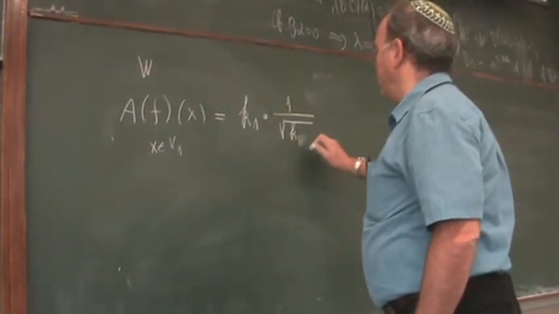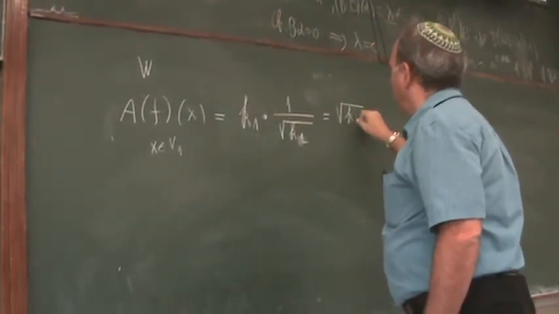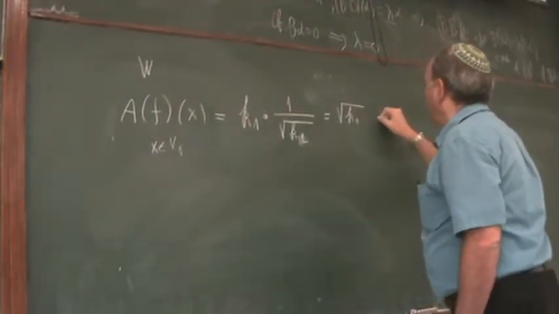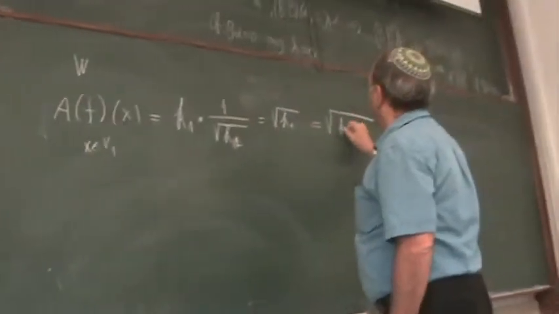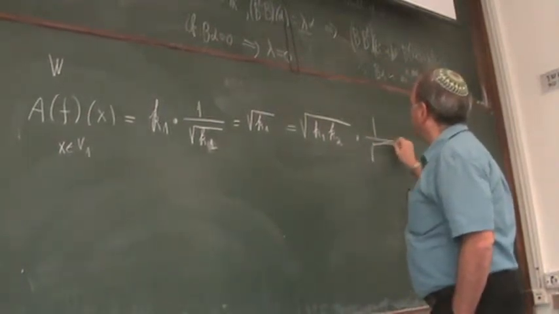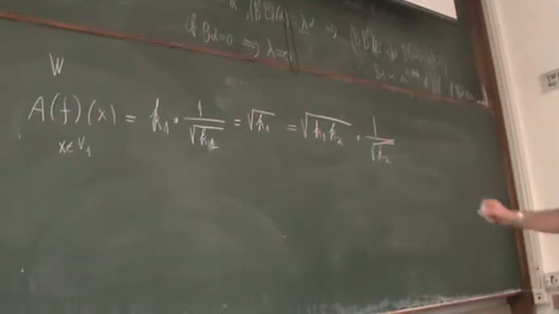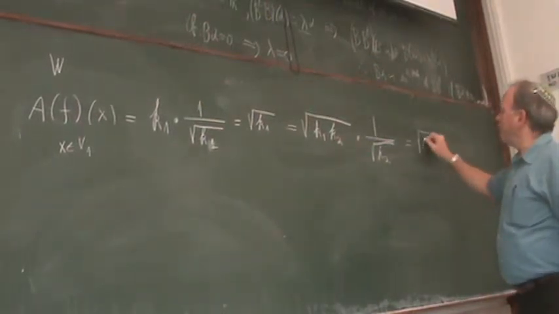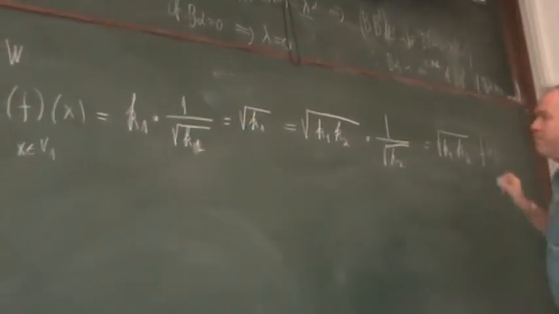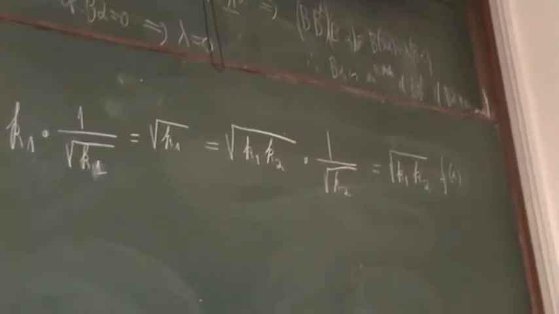So this is equal to square root of k1 k2 times 1 over square root of k2, which means that this is equal to square root of k1 k2 times f of x. This is if x is in V1.